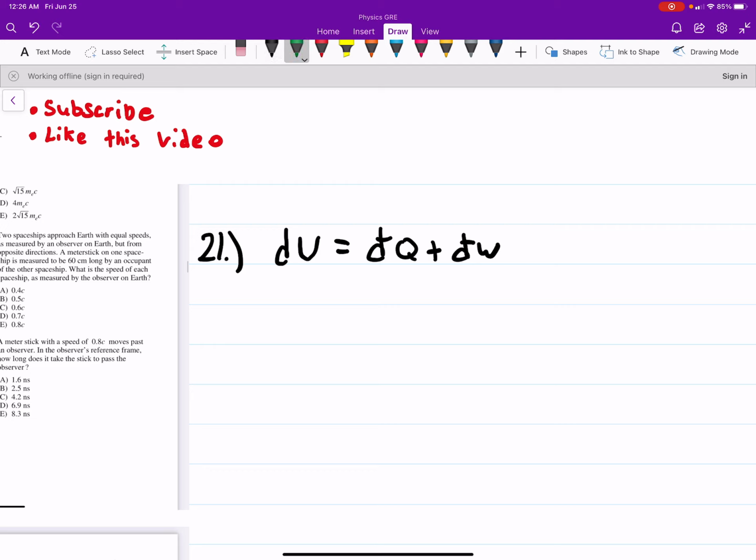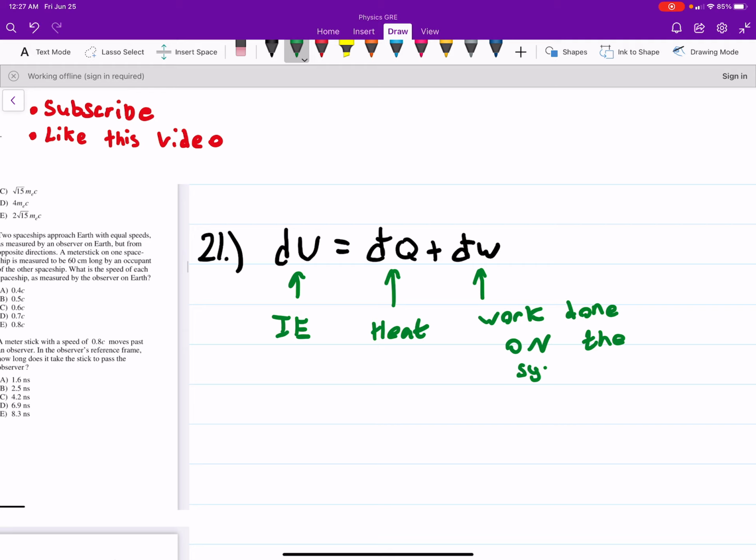So dU, that is your internal energy. I'll call it IE. This is your heat, and this is the work done on the system. In some books it's the work done by the system.